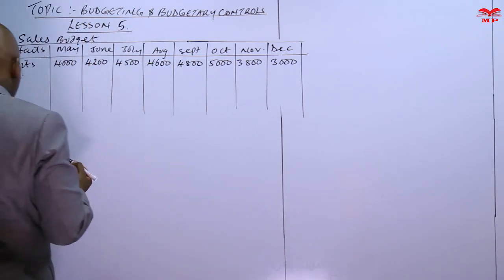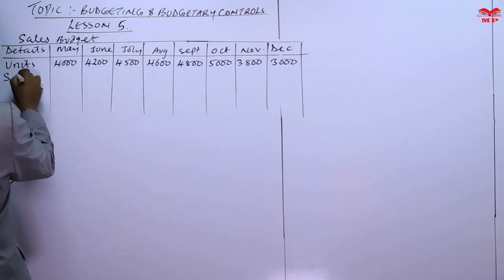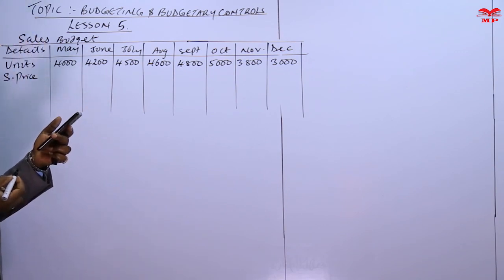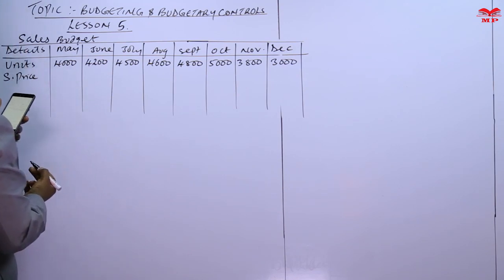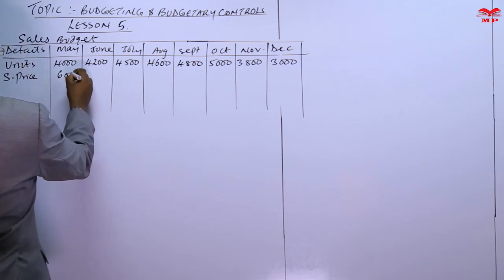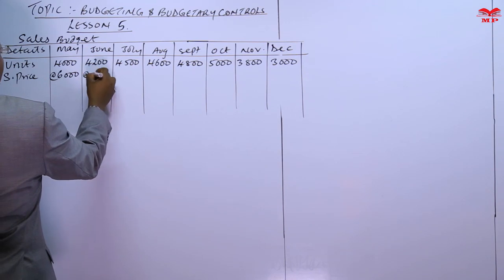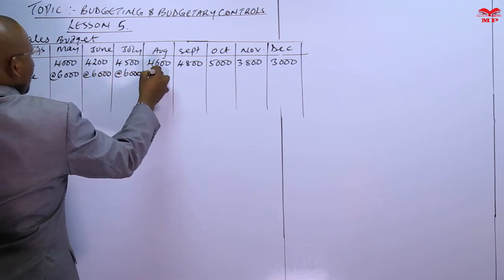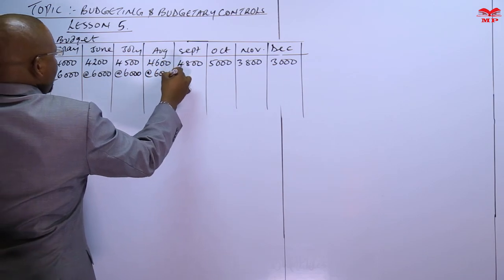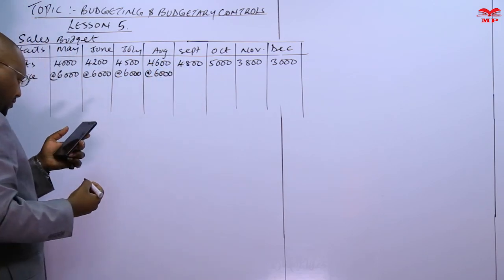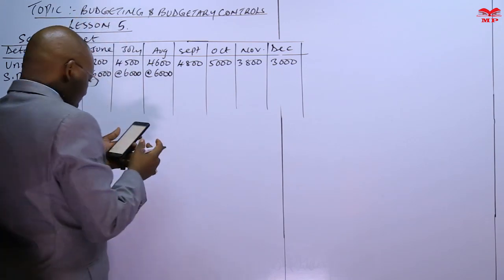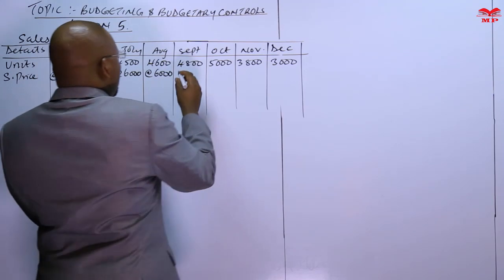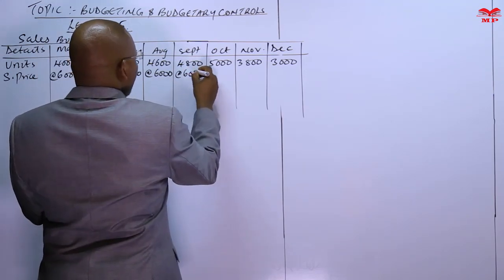Then we can have the selling price per unit. We have been told in note number 1 that the price has been 6,000 since May. So 6,000 each. But the price changed from October. So this is still each at 6,000.